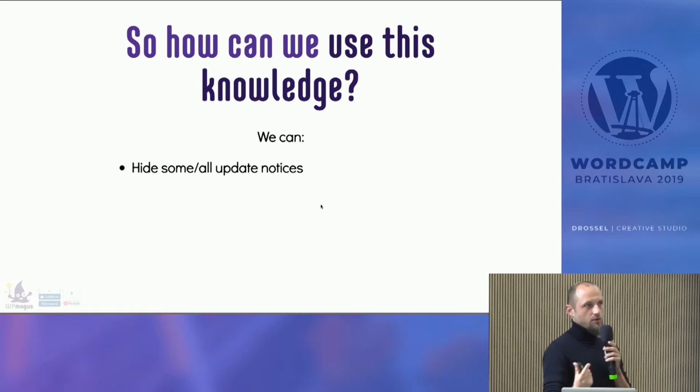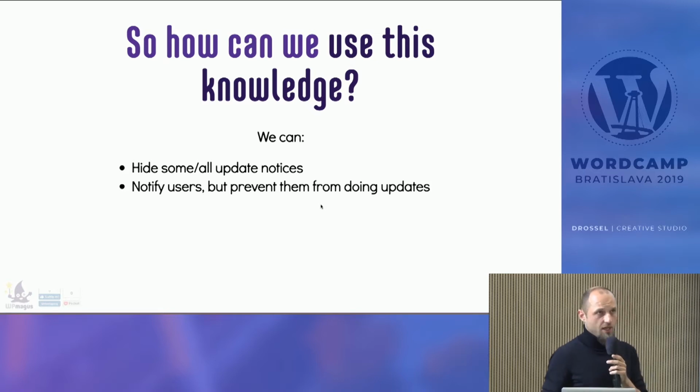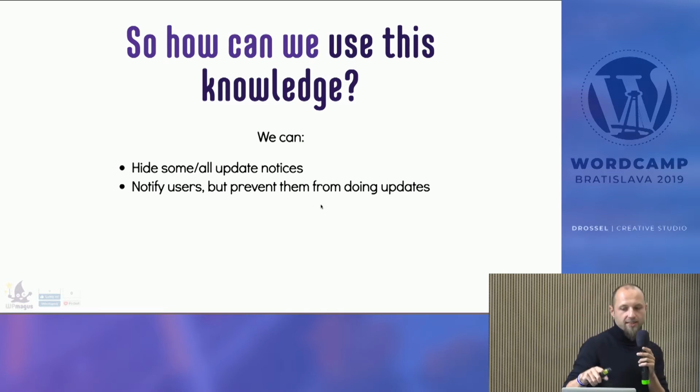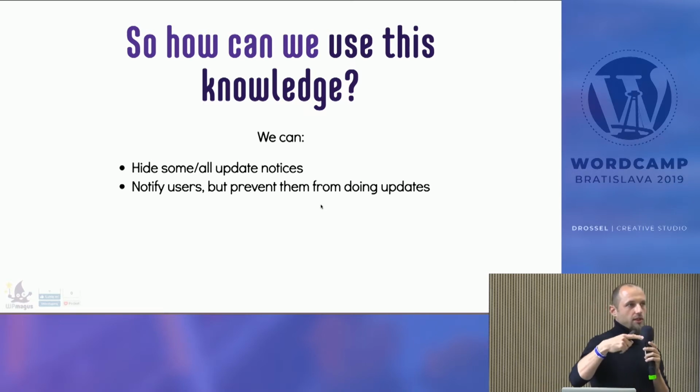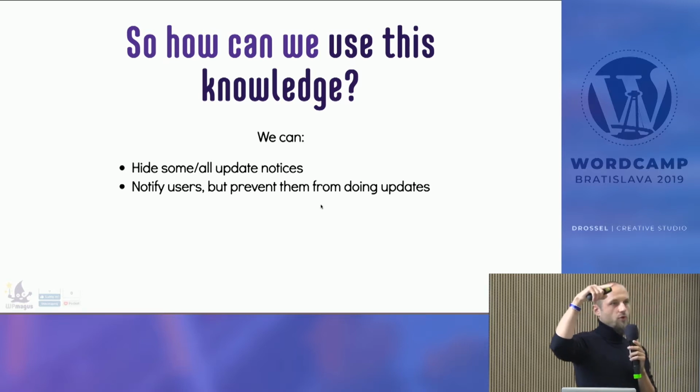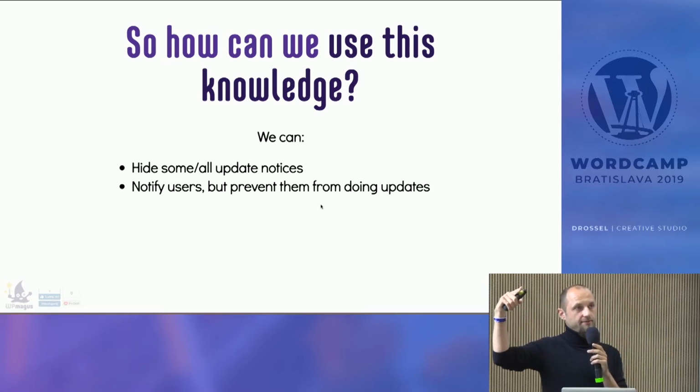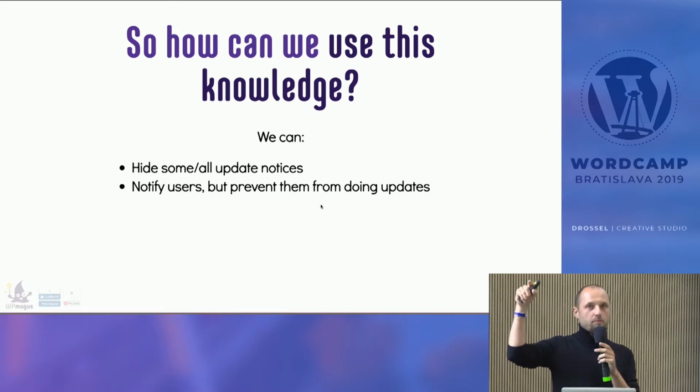This is one usage. I don't recommend it. This is the part I might recommend. Notify users, but prevent them from doing updates. So if you go to the dashboard, you will see there is a new version of Contact Form 7, but you won't be able to click update.